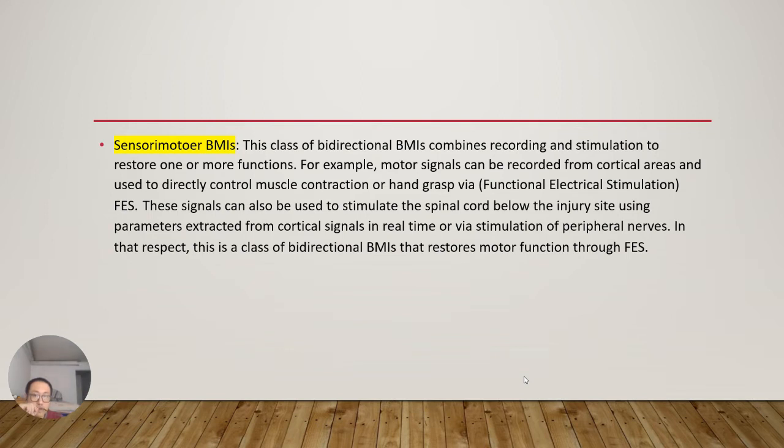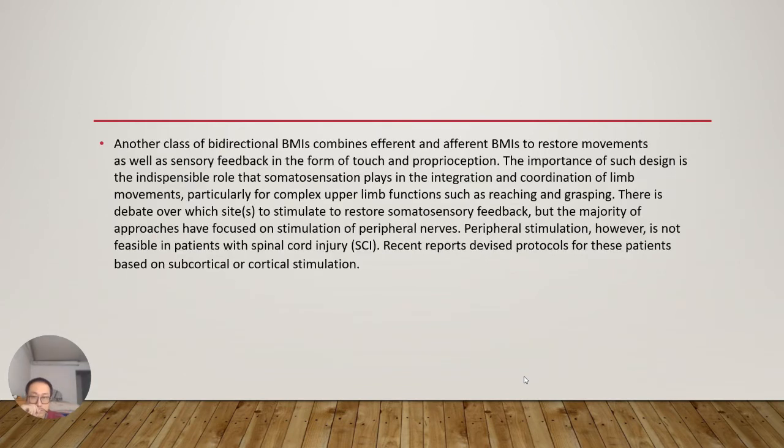These signals can also be used to stimulate the spinal cord below the injury site using parameters extracted from cortical signals in real time or via stimulation of peripheral nerves. In that respect, this is a class of bidirectional BMIs that restores motor function through FES.